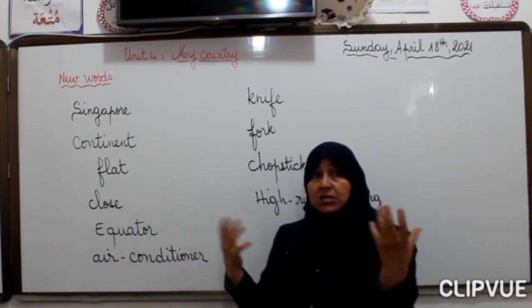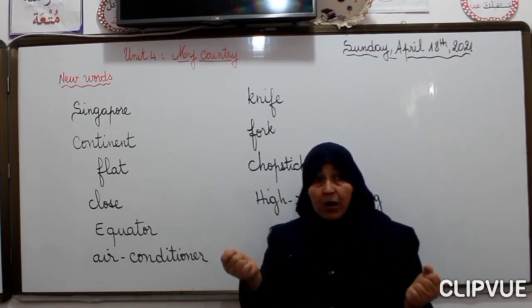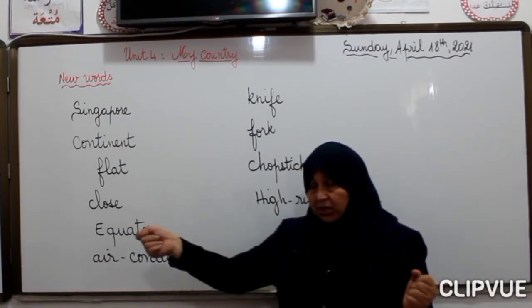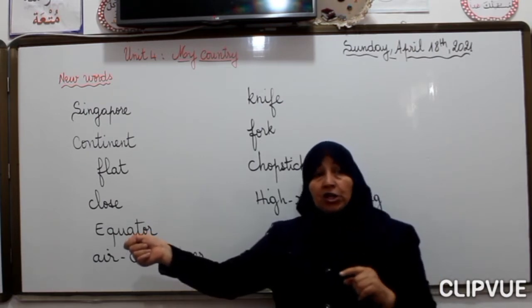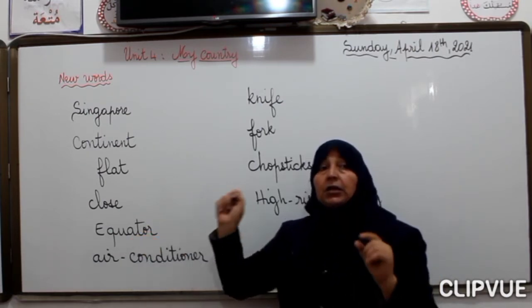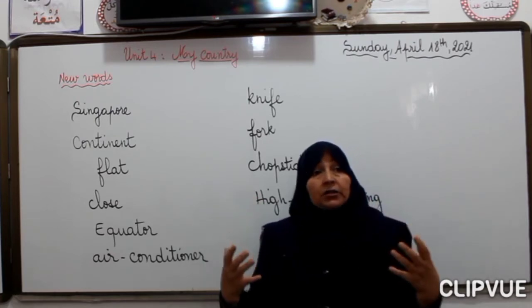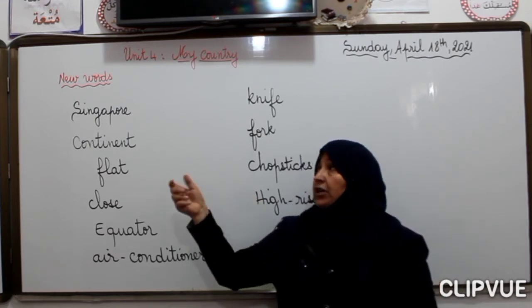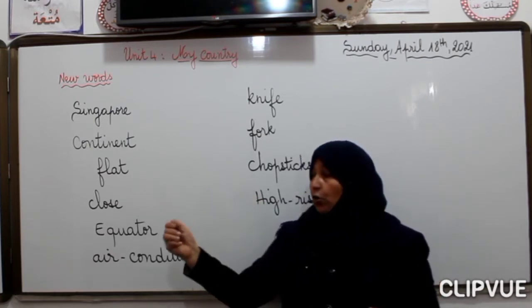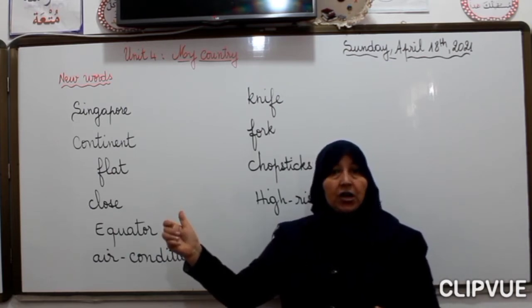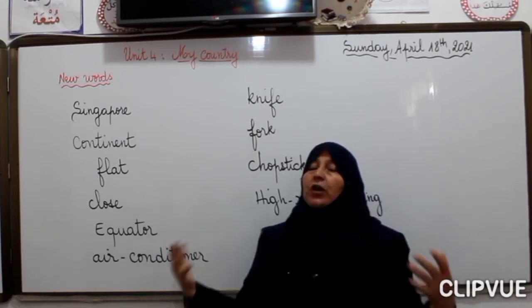It's an appliance. It's something with electric power, with a plug, and electricity. When it's hot in summer, we turn it on with the remote control, and we have fresh air.